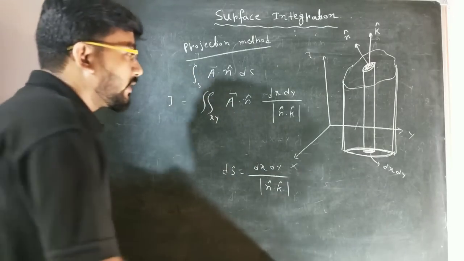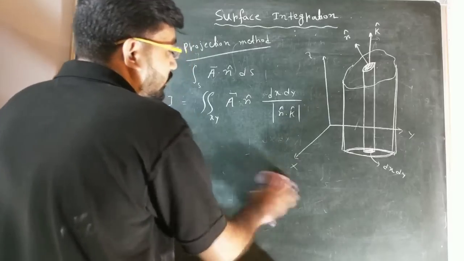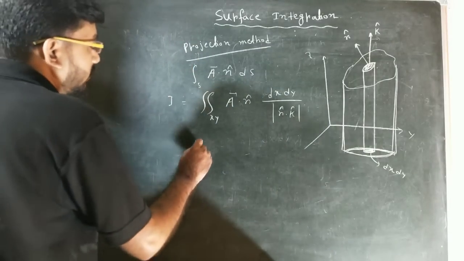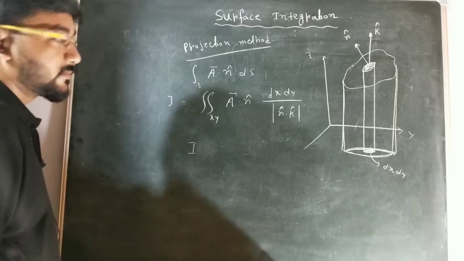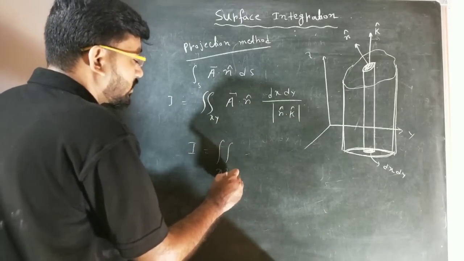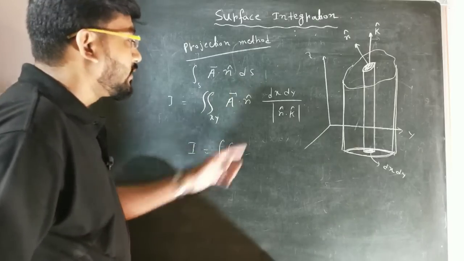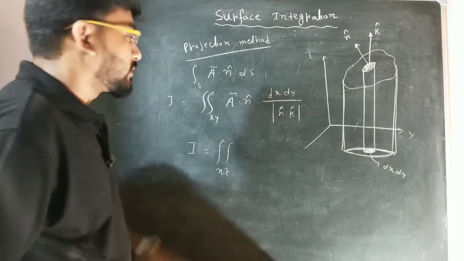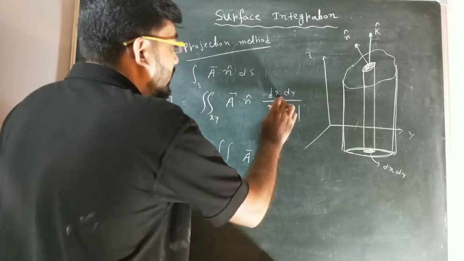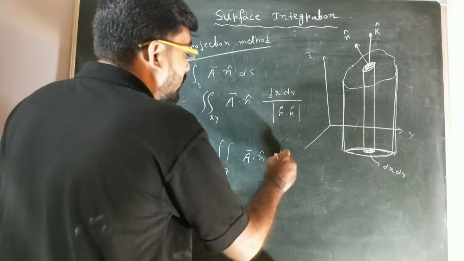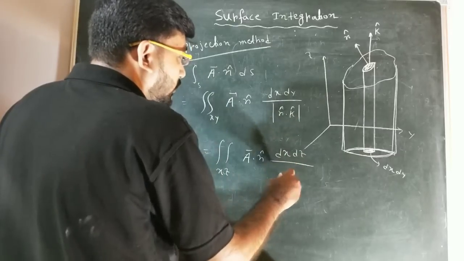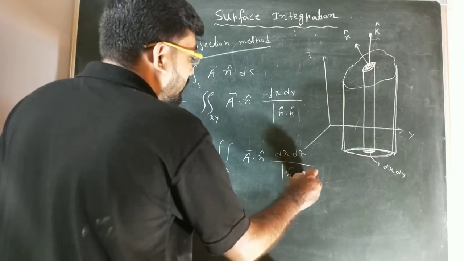But suppose the situation arises that you have to take the projection on the xz plane. Comparing with this expression, a dot n cap, instead of dx dy we take dx dz, and instead of k cap we write j cap.